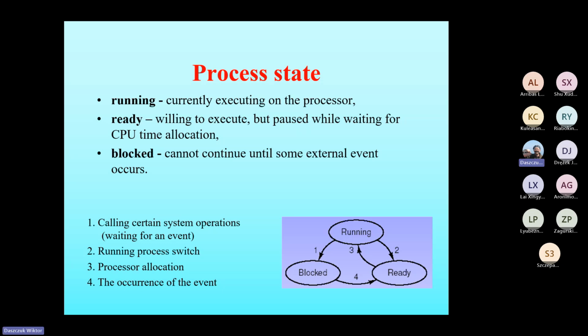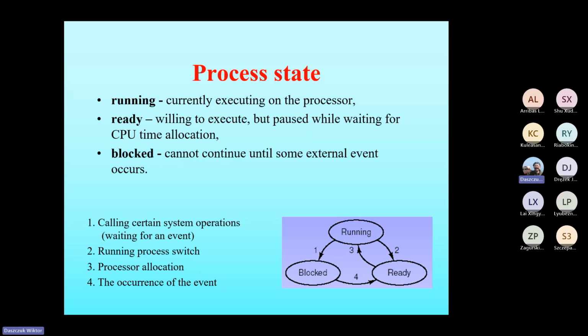Because these decisions, 2 and 3, are made by the system scheduler that allocates processors to processes. The decision to unblock the process is made on higher levels of abstraction.